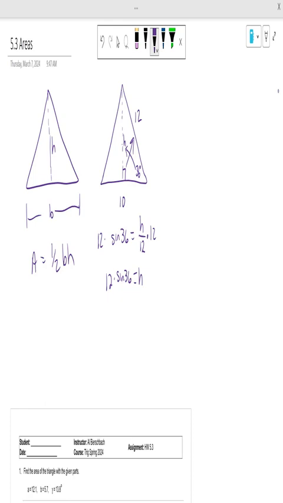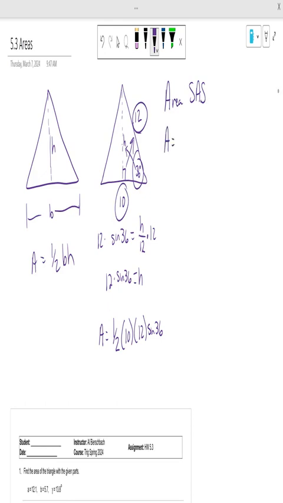Correct? Well, the area equals 1/2 the base. What's my base? 10 times the height, 12 times the sine of 36. Okay? So our area formula, if we have side angle side, the area formula for side angle side is the area equals 1/2 of one side times the other side times the sine of the angle in between.